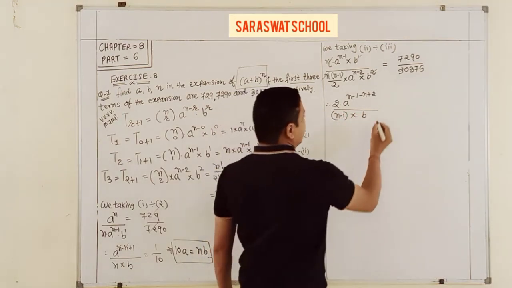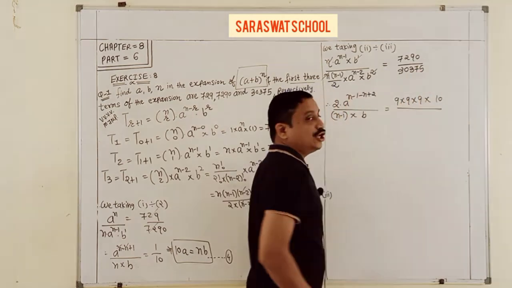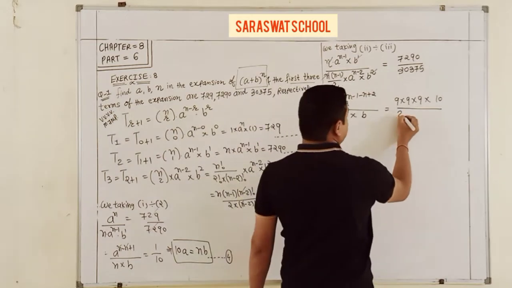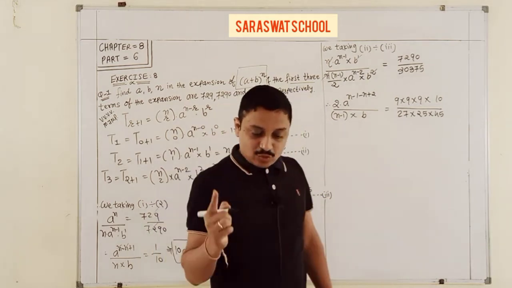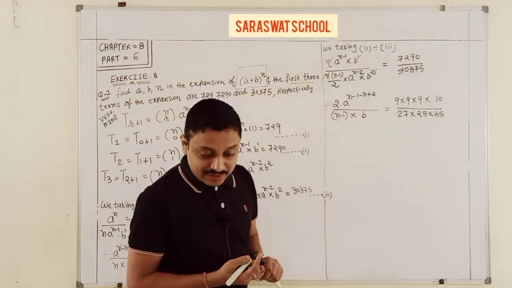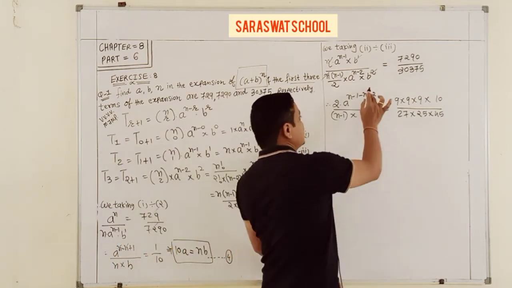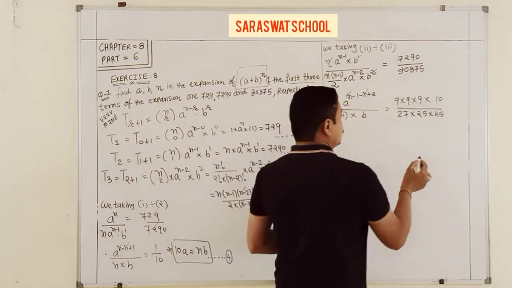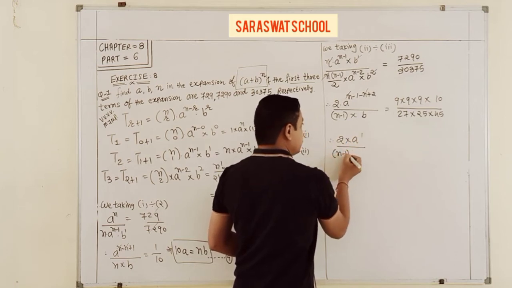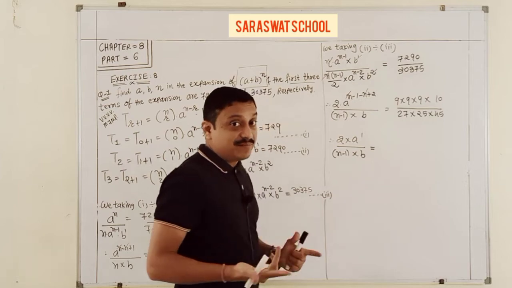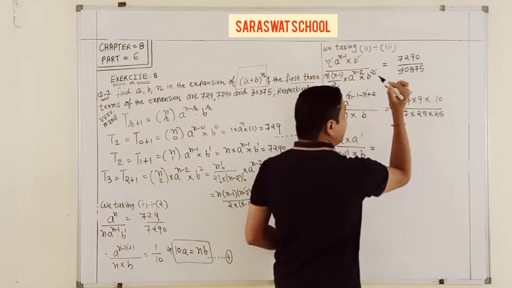Here 729 is 9 into 81, and 30375. Just utilize your calculator: 27, 25 and 45. Now, students, this cancels. Check your calculations: 2 a raised to 1, n minus 1 into b, and here simplify. 9 3s are 27, 3 3s are 9.